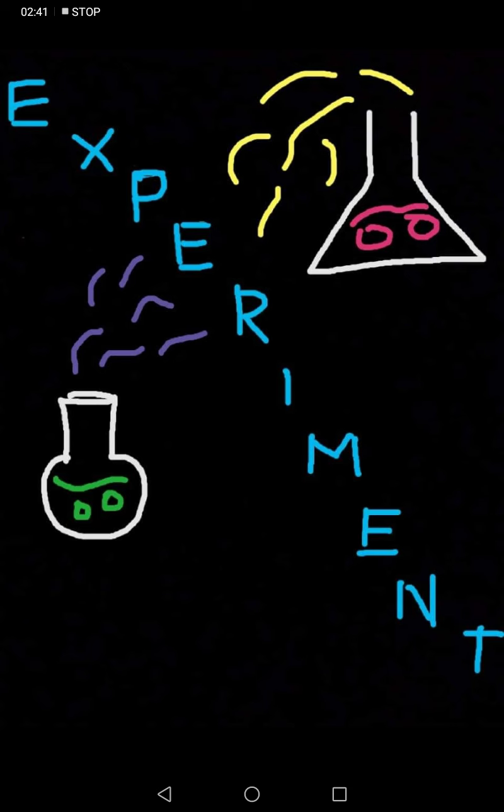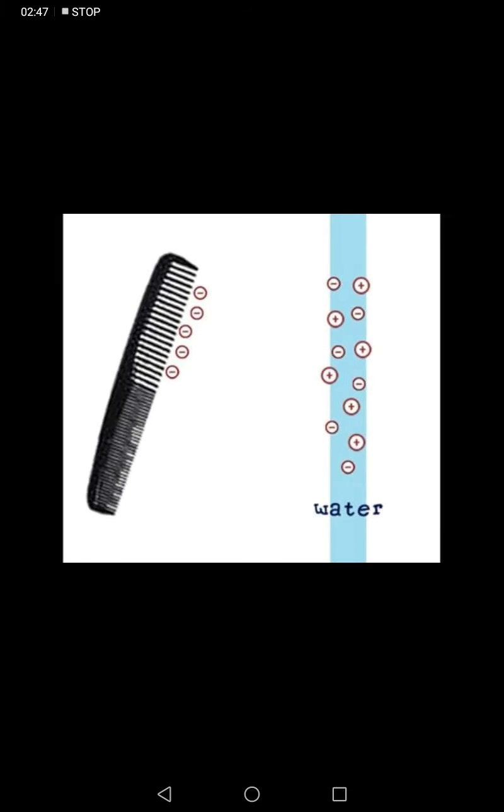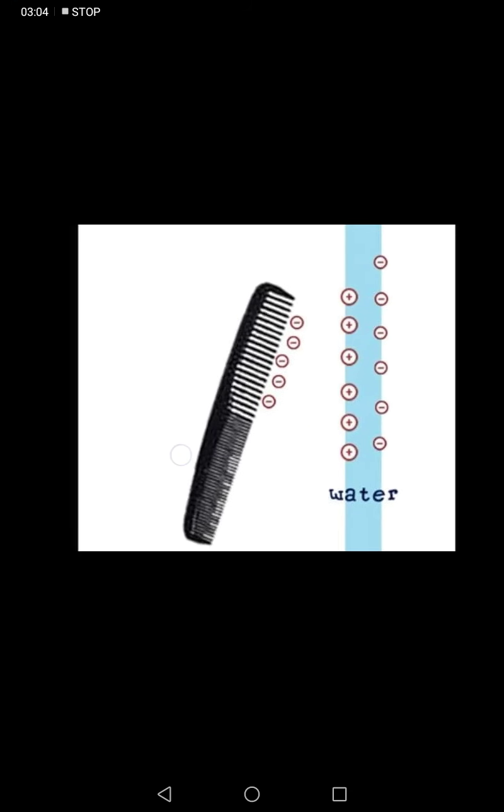Now let us take a look at experiments from which we can learn these facts. For this first experiment, you will need a comb and a source of flowing water like an open tap or spout. Now the comb which you have is charged with negative electrons and the water has both positive and negative charges present in it.